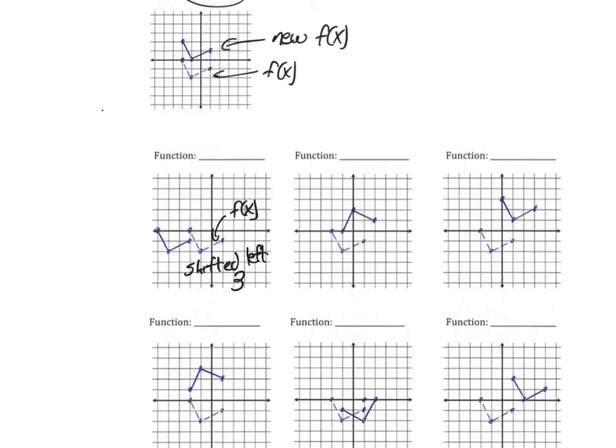Well, we do know it's something on the inside of the function, or at least I hope you know it's something on the inside of the function. So it'd be f of x, and if I wanted to shift left 3, you'd think you'd want to subtract, but it's actually the reverse, right? So it's going to be adding 3, so we're going to do f of x plus 3, okay?